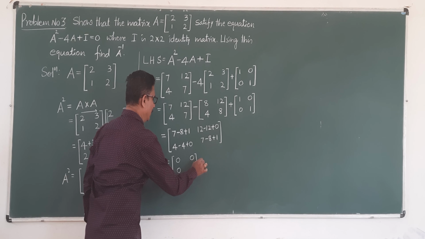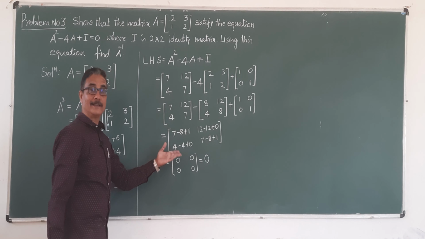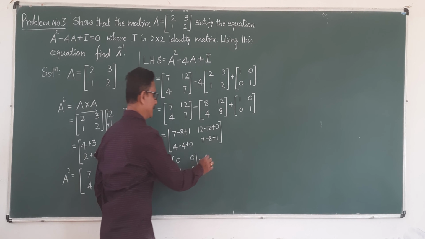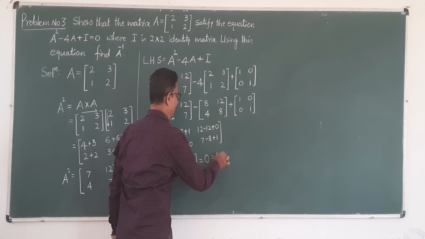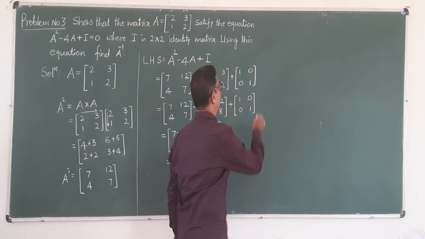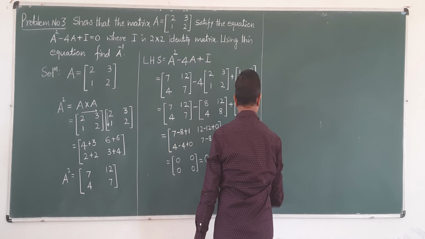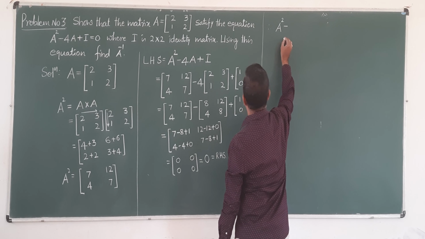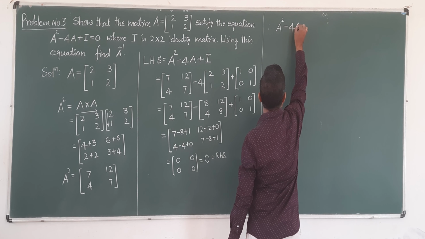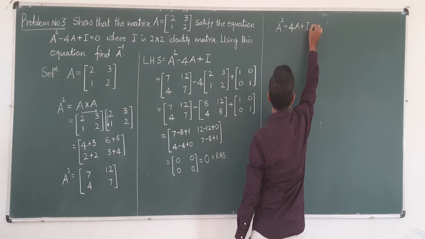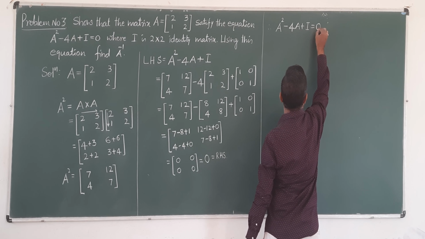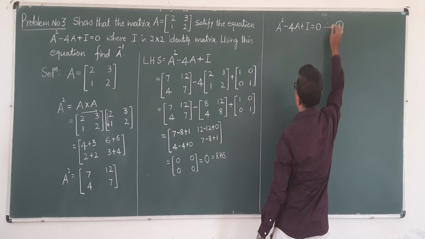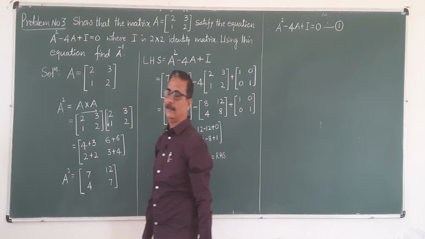Observe that all the elements are 0. That is known as the zero matrix, denoted by 0, which is equal to the RHS. Therefore, the first part is over: A square minus 4A plus I is equal to 0. Correct?